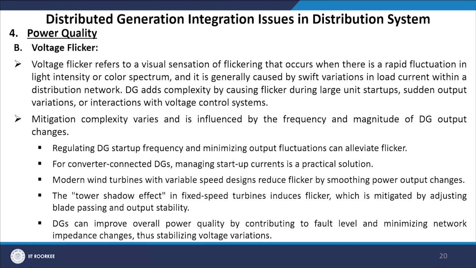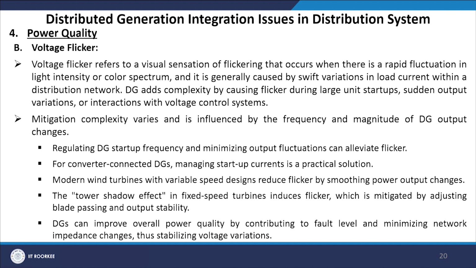DG adds complexity by causing flicker during large unit startups, sudden output variations, or interaction with voltage control systems. Mitigation complexity varies and is influenced by the frequency and magnitude of DG output changes.